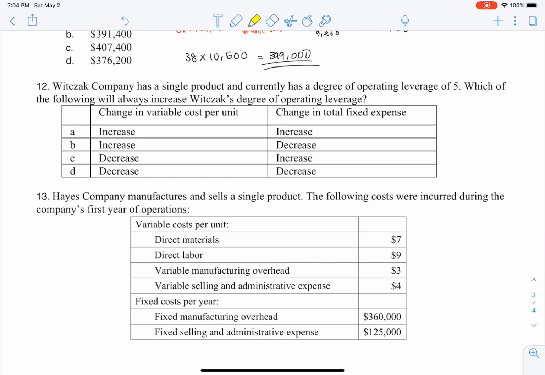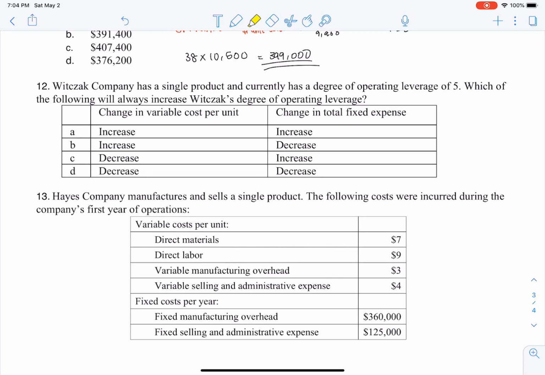For number 12. The company has a single product and currently has a degree of operating leverage of 5. Which of the following will always increase the company's degree of operating leverage?